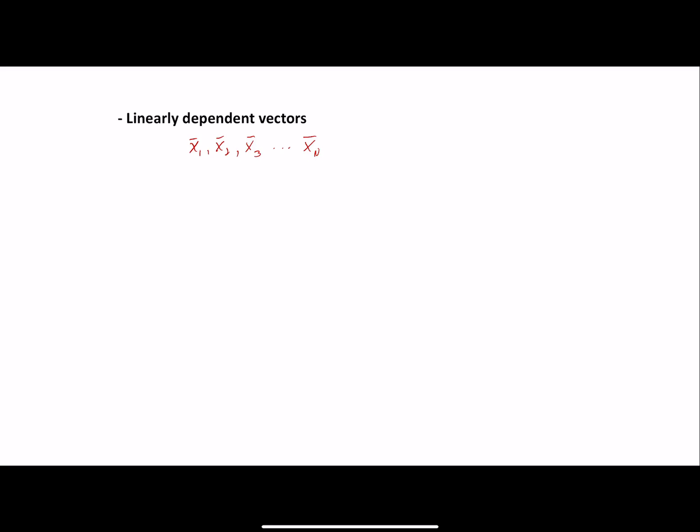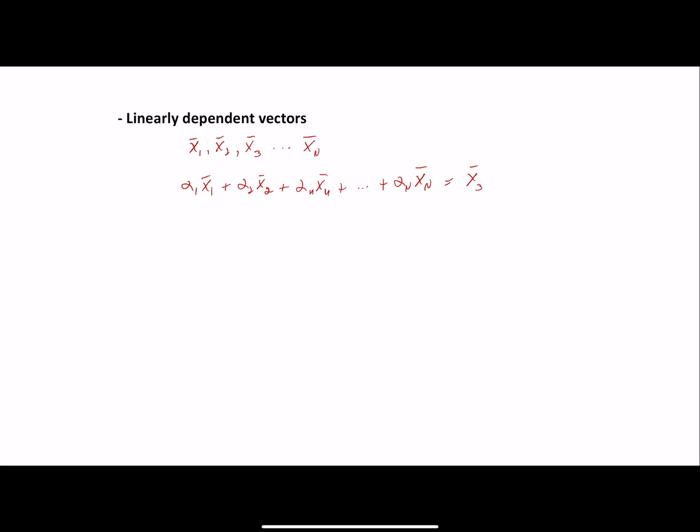For example, I'll take out x3, and I can multiply each vector by a coefficient: alpha 1 x1 plus alpha 2 x2. Let's say I'm going to single out x3 and put it on the other side. So I'll have alpha 4 x4 plus all the way to alpha n xn. And this is going to be equal to, I took out x3.